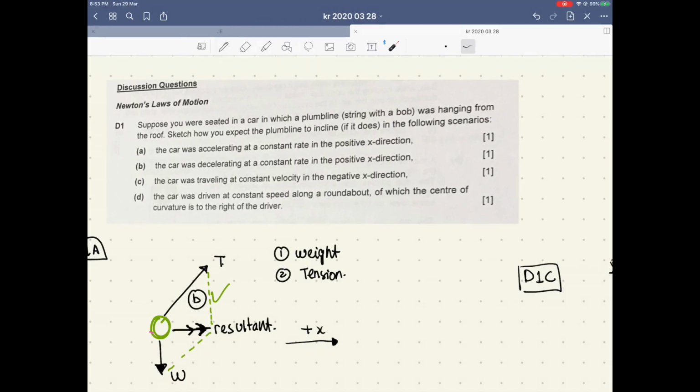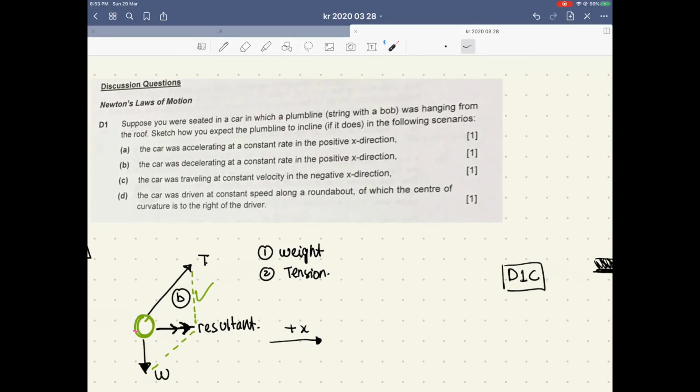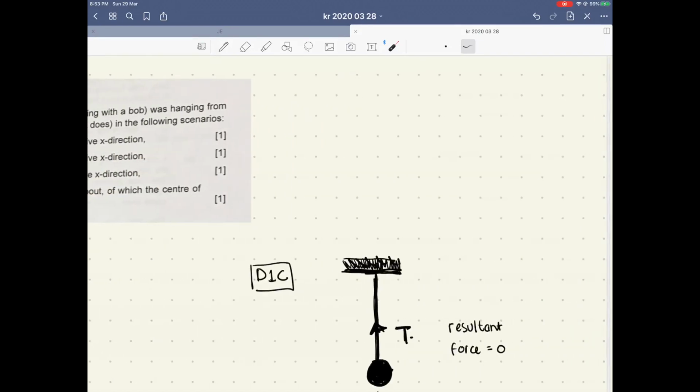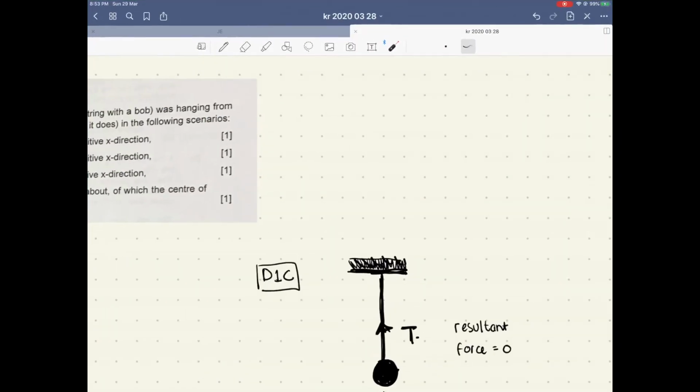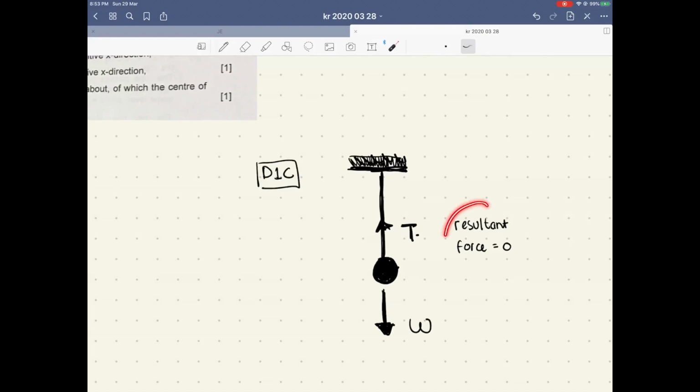Question C. D1C, the car was traveling at a constant velocity in the negative x direction. Wow, constant velocity. Constant velocity is a very important keyword, right? We are trained to be sensitive to this word. Constant velocity simply means the resultant force is zero.